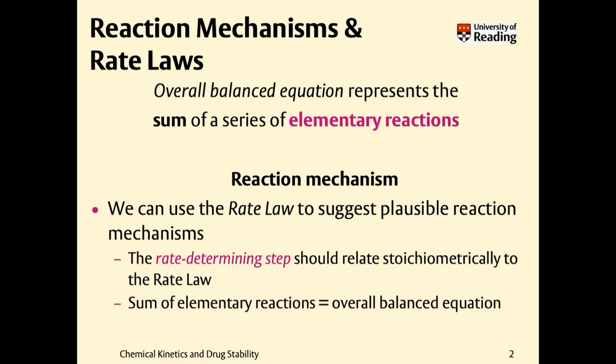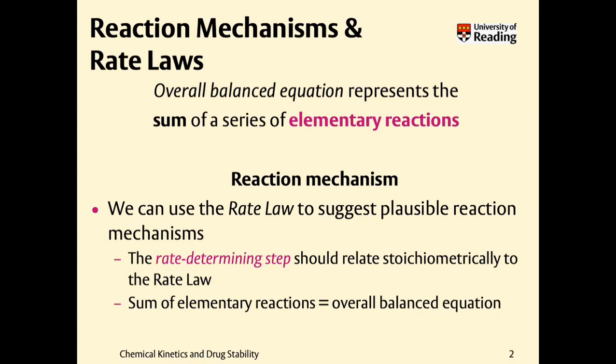When we're doing this, we have knowledge of the overall balanced equation of our reaction, and we know that this will represent a sum of a series of elementary reactions, so a series of steps that take place in order for the reaction to occur.